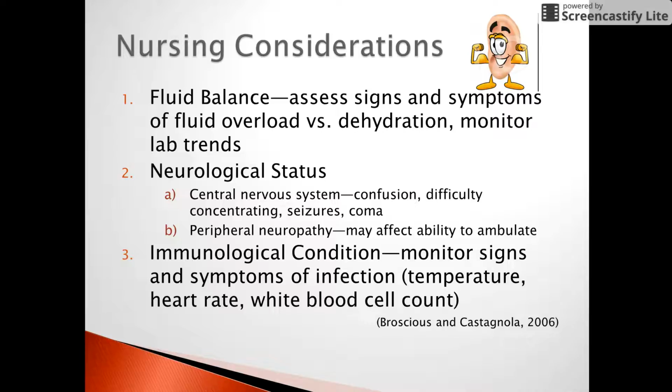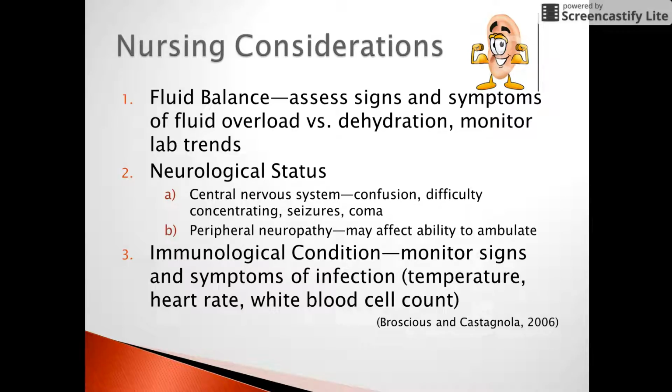For nurses, it's important to assess the signs and symptoms of fluid overload, such as increased edema, shortness of breath, and high blood pressure. Another nursing consideration is neurological function, as the buildup of toxins can affect both the central and peripheral nervous systems. This can range from mild confusion to seizures.